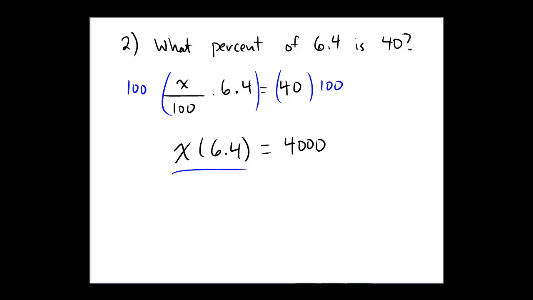Then divide by 6.4, and what does that yield? Let's see. 4,000 divided by 6.4 would be... I have to bring up a calculator.